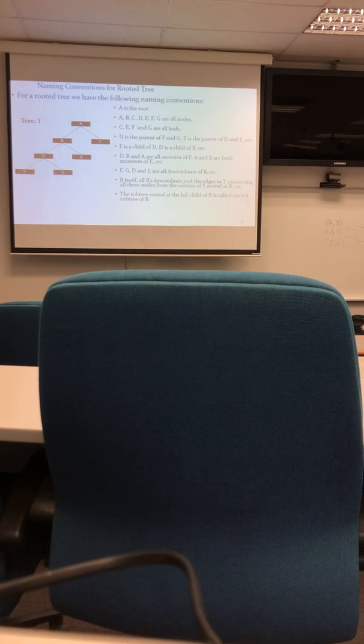The subtree rooted at the left child of B is called the left subtree of B. B has a left child and a right child, so the order is important. After this, we're going to focus on ordered trees, where order is important. B has two children, D and E. D is the left child and E is the right child.